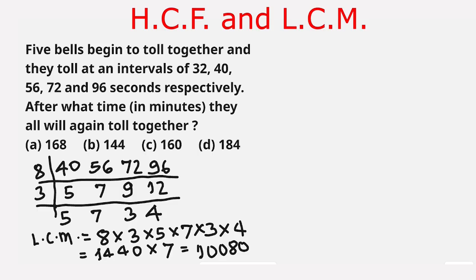Now we have to convert these seconds into minutes. So we divide 10,080 by 60. We cancel the 0 of the numerator by the 0 of the denominator. 6 divides 1008. 6 times 1 is 6. 10 minus 6 is 4. 6 times 6 is 36. 40 minus 36 is 4.